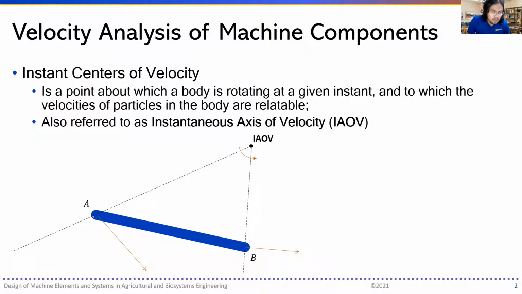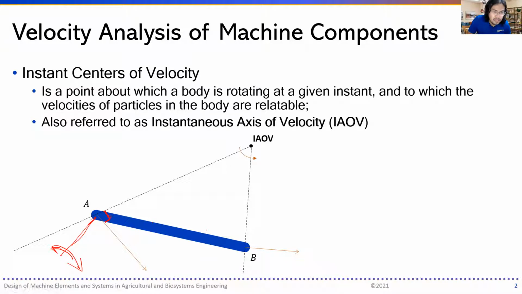It's possible that this could be connected to a link that's causing this to move this way, so that this would force this link to move this way. To find the IAOV for this link AB, you project, this should be actually 90 degrees. Apologies for the drawing.